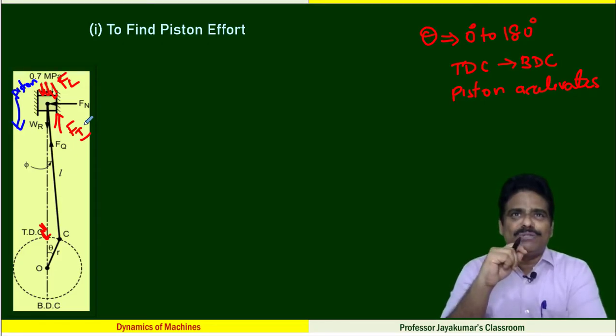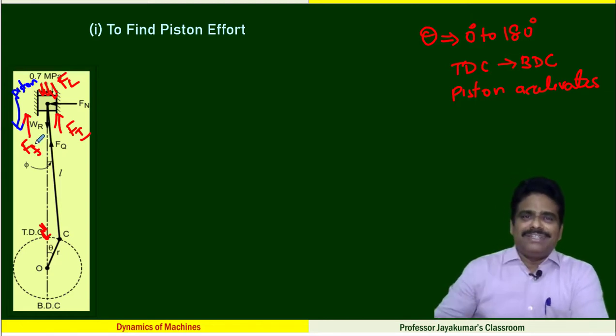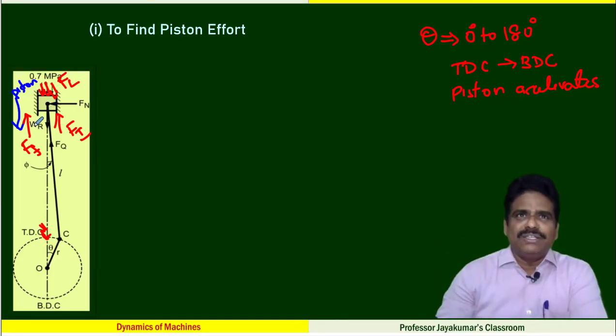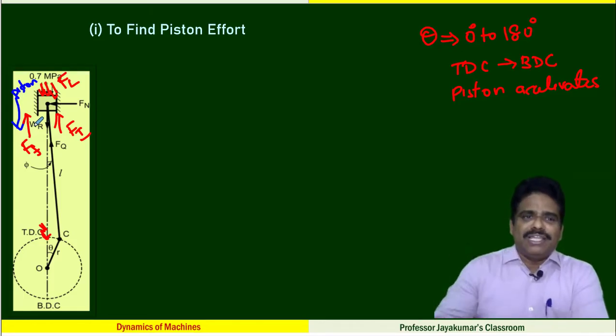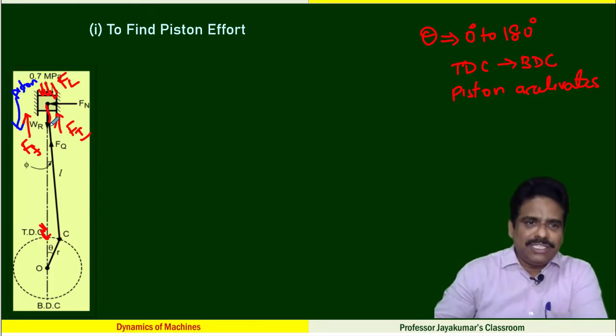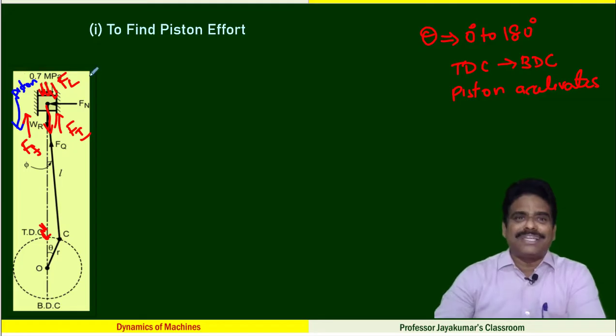So inertia force will be acting upward. Here we have one more force which is always acting vertically downwards, whether the piston is in acceleration or retardation. That force is the weight of the reciprocating engine. So this needs to be taken into account.